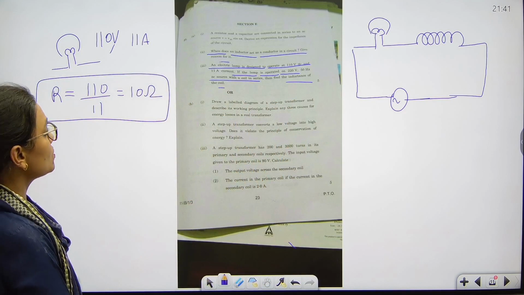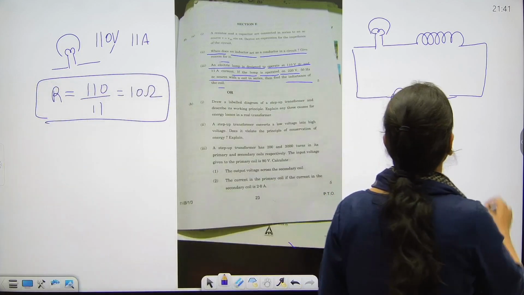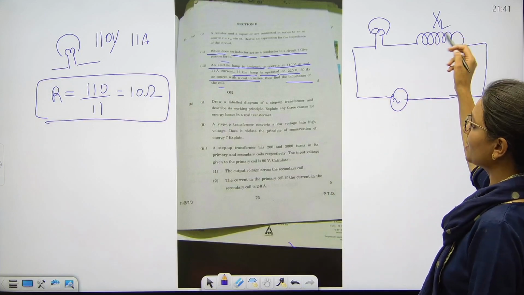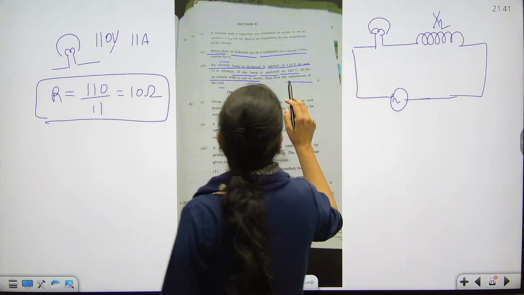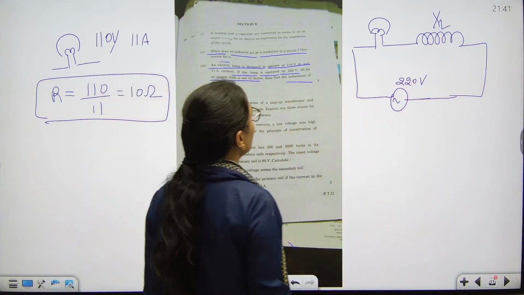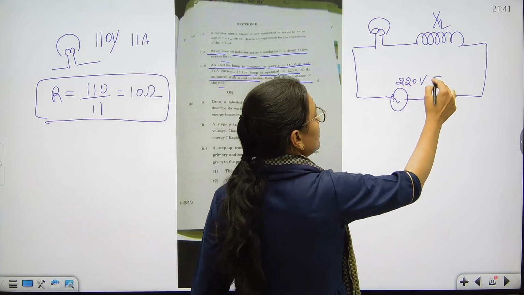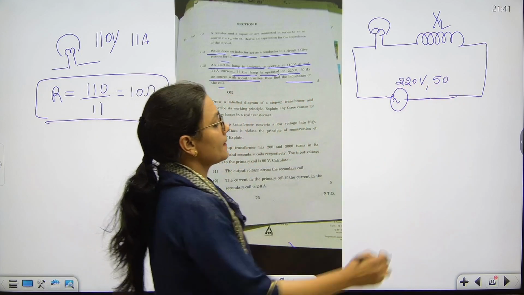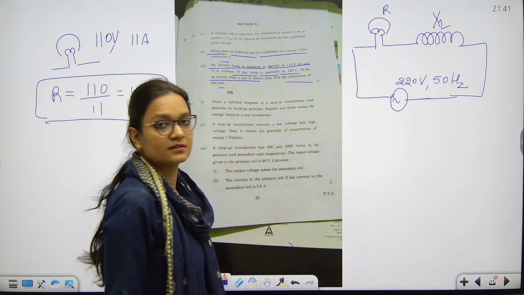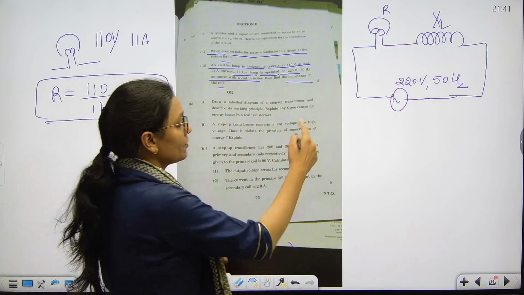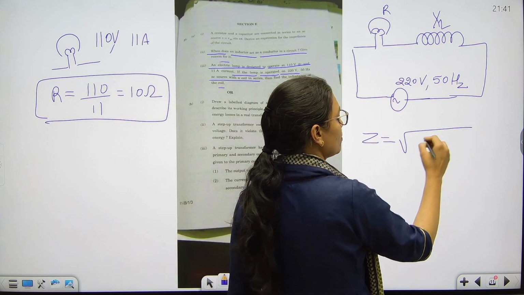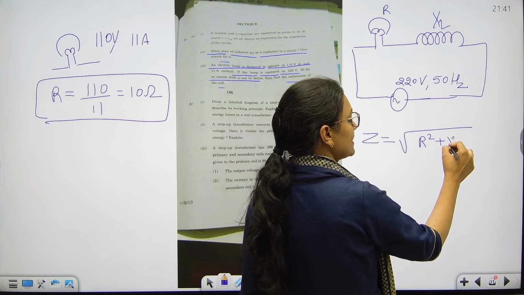So the coil initially will have some inductive reactance XL. If you want to consider 1 ton, you can consider 1 ton also, but the answer will not change. 220 volts and 50 hertz. We know that now it becomes an RL circuit. In the RL circuit, beta, the impedance can be written as under root of R square plus XL square.